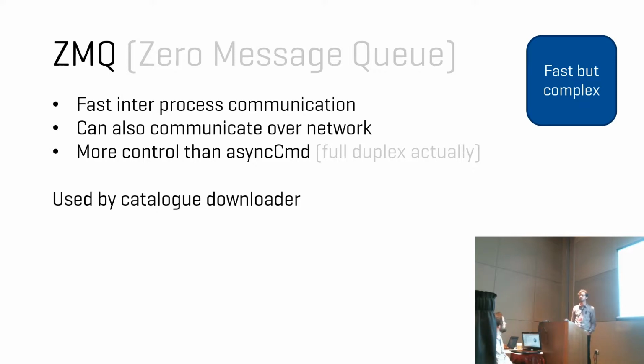I haven't worked with it myself, so I can't tell you exactly how much, but there's definitely some work there. But for a more critical system in your extension, it might be good to have the speed and all the features you need from this, instead of the async CMD, which is really primitive.